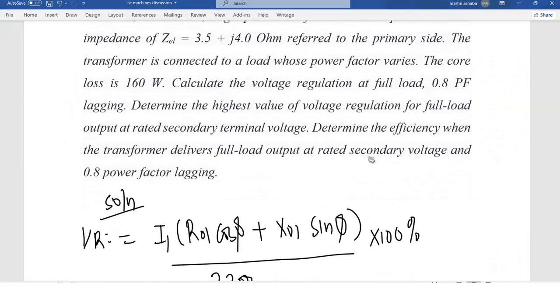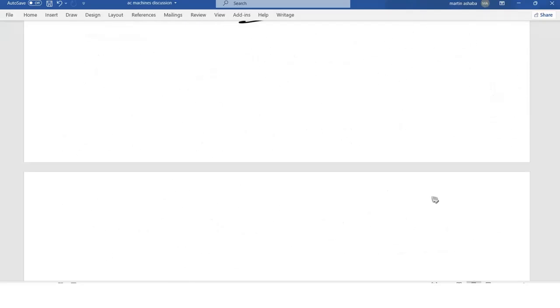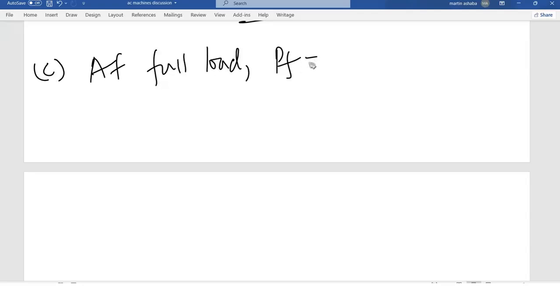The next one is to determine the efficiency when the transformer delivers full load output at rated secondary voltage and 0.8 power factor. So we are looking at part C, at full load and power factor equal to 0.8.